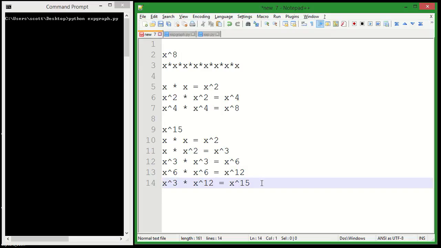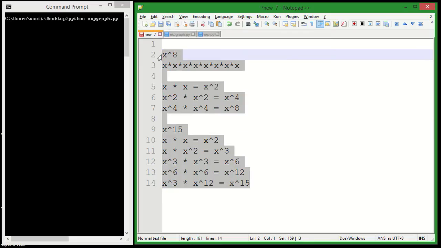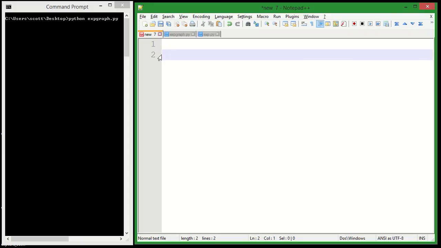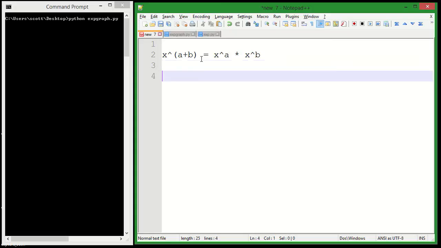So to talk about this algorithm, which is called exponentiation by squaring, we're going to use a couple tricks of exponentiation, a couple properties. So let's say we have x to the power of a plus b. That's going to be the same as x^a times x^b. So why is this important? Well, let's look at an example.